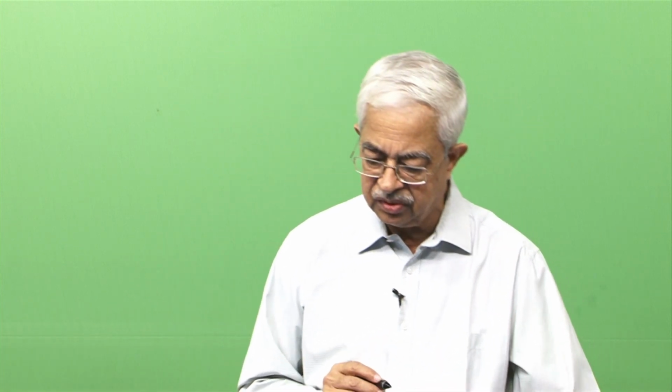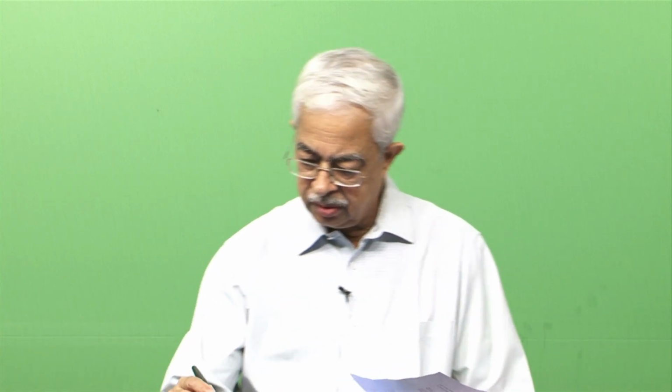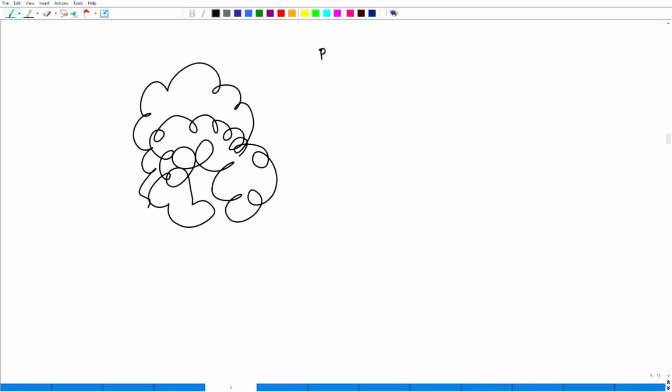Out of that 20 essential amino acids that we have, 3: phenylalanine, tyrosine, and tryptophan.